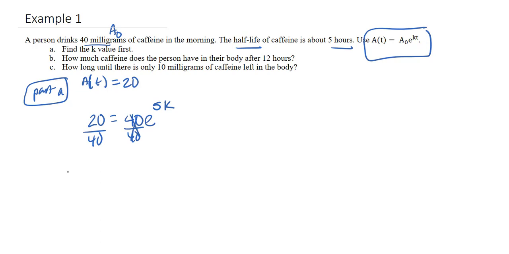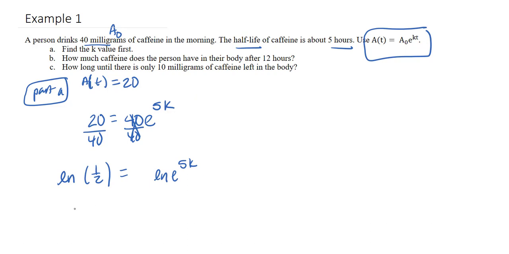So we have really 1/2. Now, like before, in order to get rid of e, we have to take the natural log on both sides. The natural log of 1/2, and the natural log of e to the 5k.